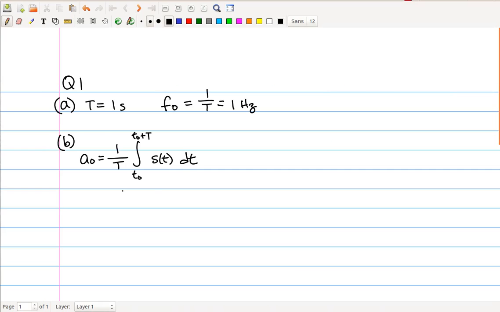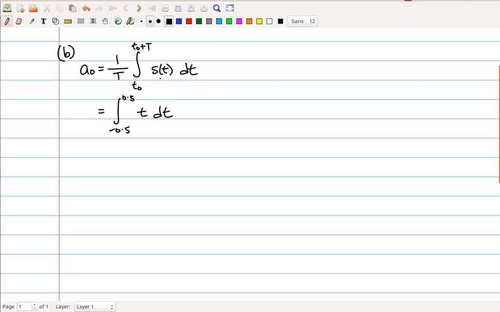At the same time I'm just going to fill in these values as well. It will simplify the integral. So we're going to go from -0.5 to 0.5. The t value was equal to 1, so I didn't write that down. S of t was equal to t, and that's the integral of t between -0.5 to 0.5, t dt. Integrating this, I'll get t squared on 2. Remember, you add 1 to the index, divided by the new index.